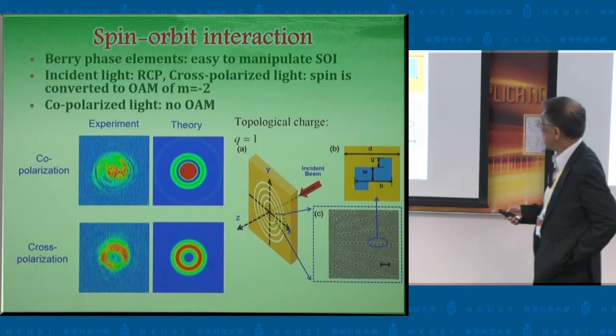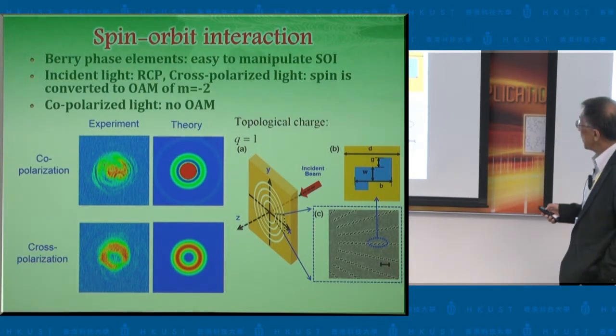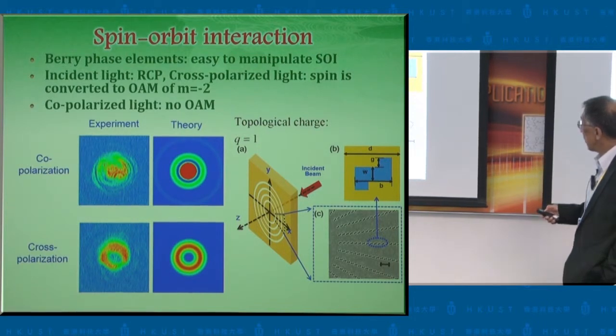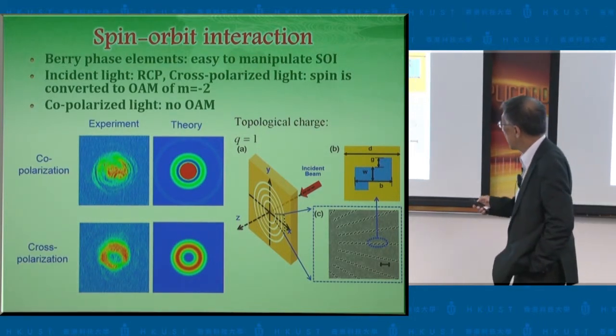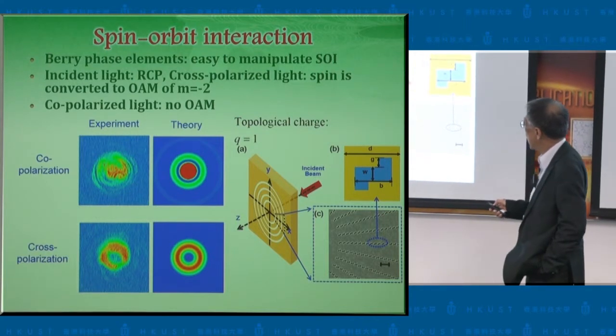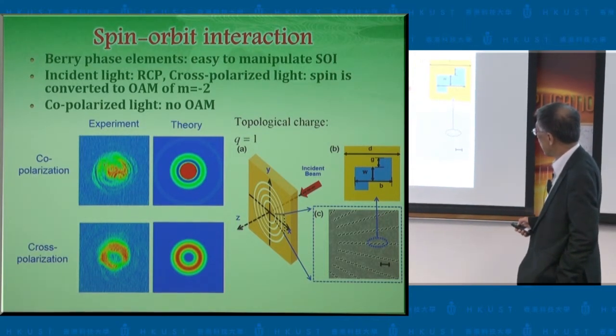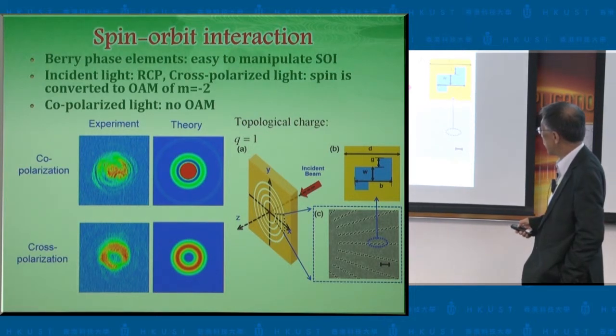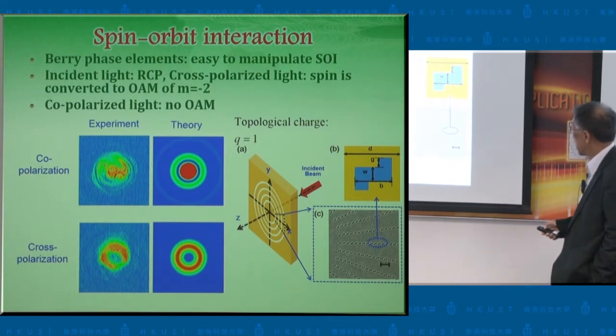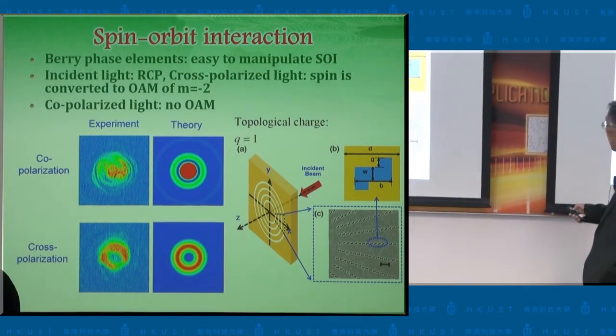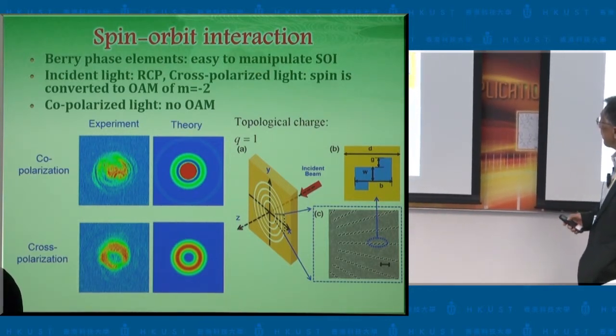And what you can see here, this is the experimental and this is the theory. For the copolarization, you can just about make out a very decent agreement. This is a lot clearer in the cross polarization, where you can see the circular rings caused by the device itself.